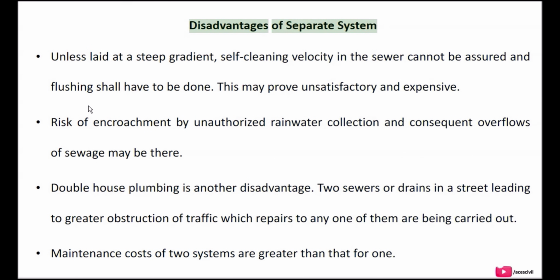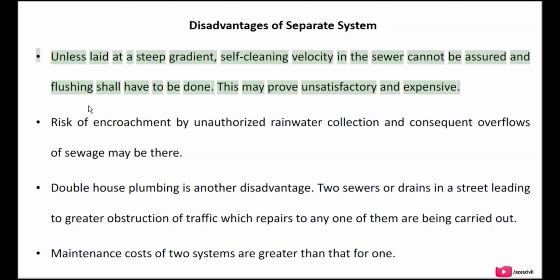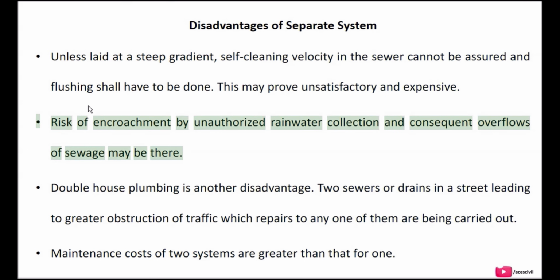Disadvantages of separate system: unless laid at a steep gradient, self-cleaning velocity in the sewer cannot be assured and flushing shall have to be done. This may prove unsatisfactory and expensive. Risk of encroachment by unauthorized rainwater collection and consequent overflows of sewage may be there.